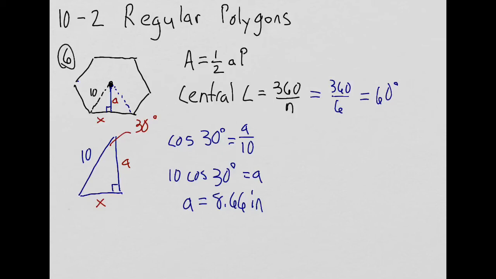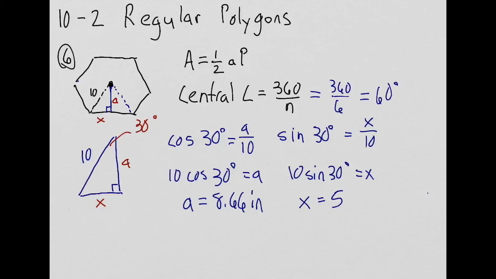So now I'm working with the sine of 30 degrees. It's opposite over hypotenuse, x over 10. Very similar type of problem. 10 sine of 30 is equal to x. And again, you can work this on your calculator. x is going to be equal to 5.